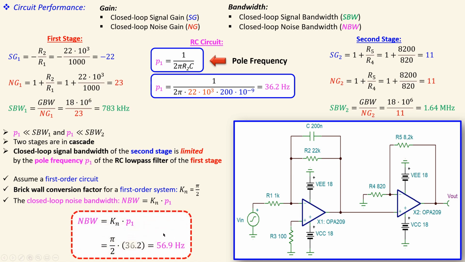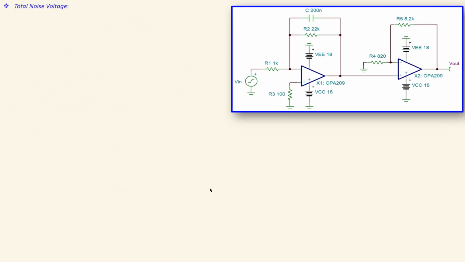Now, if you do the calculations, you will get pi over 2 times that frequency. That will give you 56.9 hertz, almost 57 hertz, which is very small. So we will see what kind of effect this will have on our performance. Okay, the next one is the total noise.